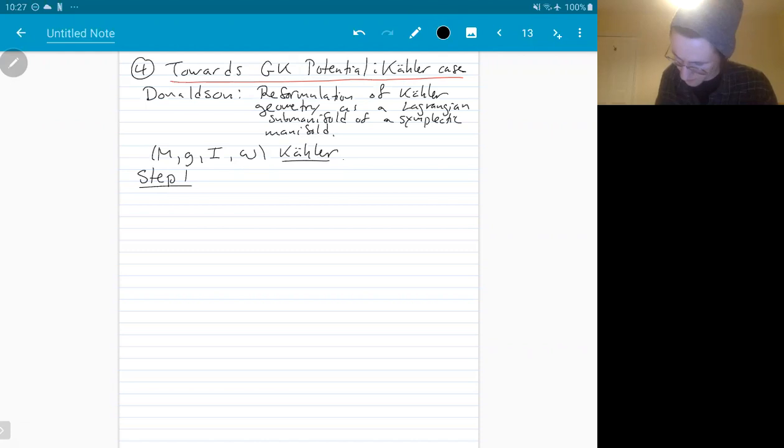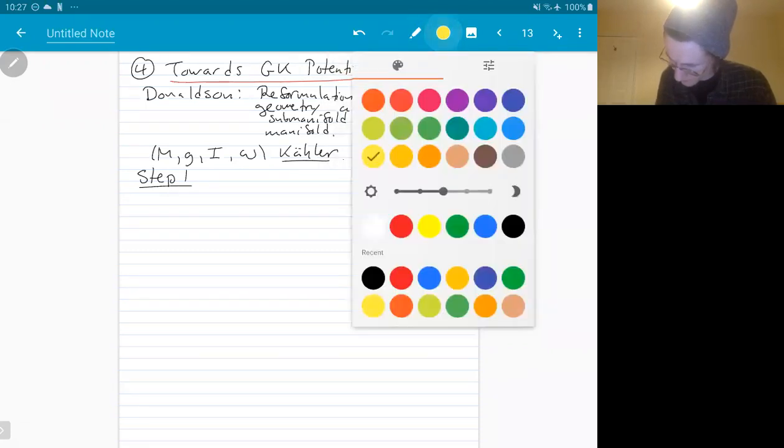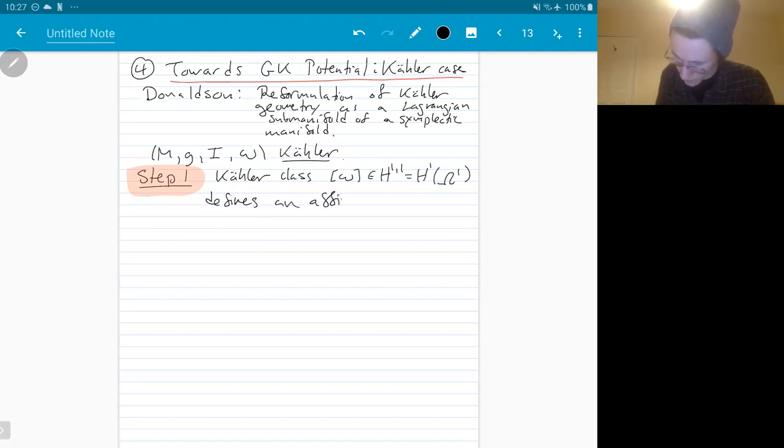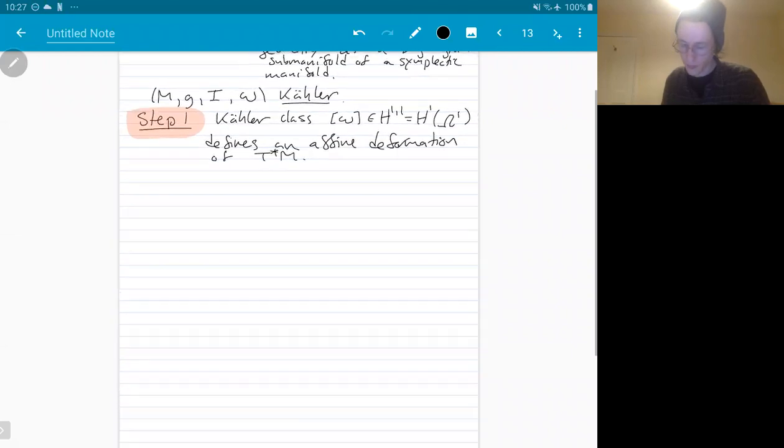So step 1 is that the Kähler class, which we can view in H^{1,1} or H^1 of Omega^1, defines an affine deformation of the cotangent bundle. So here's how we can construct this affine deformation.